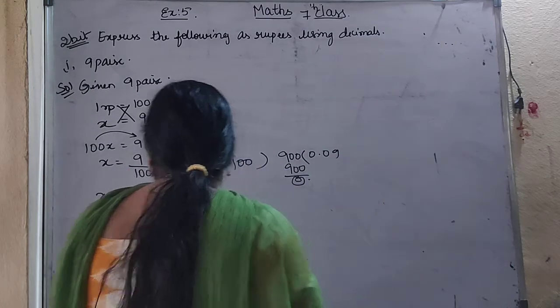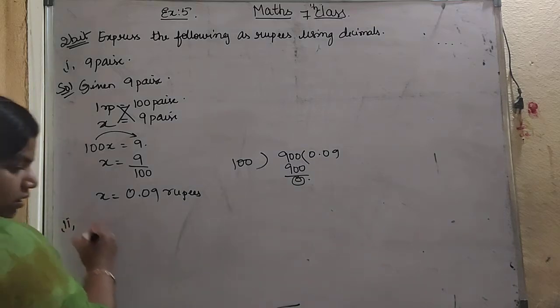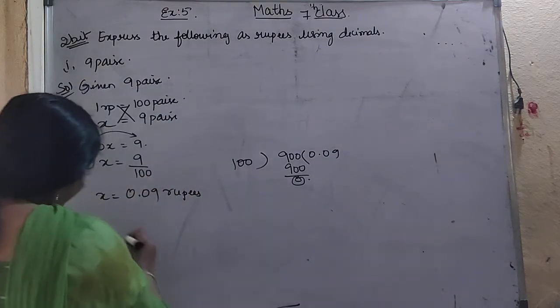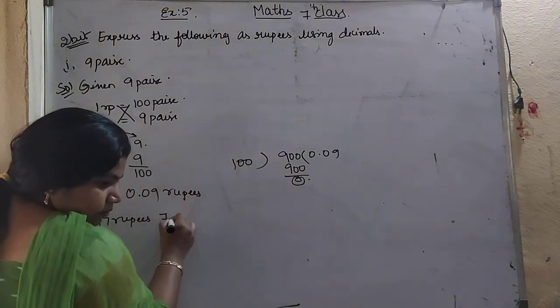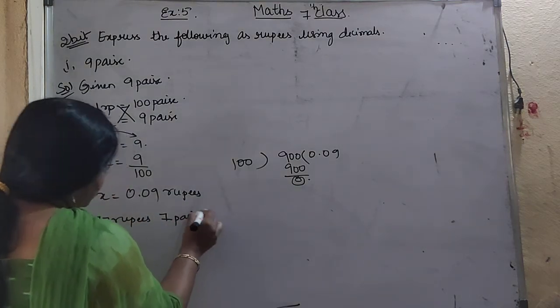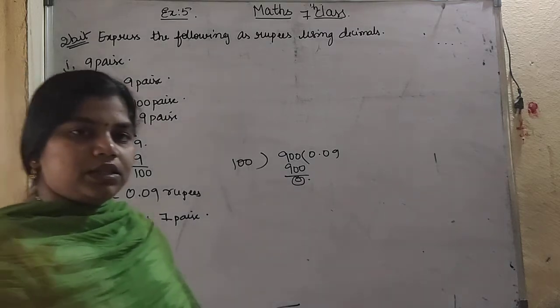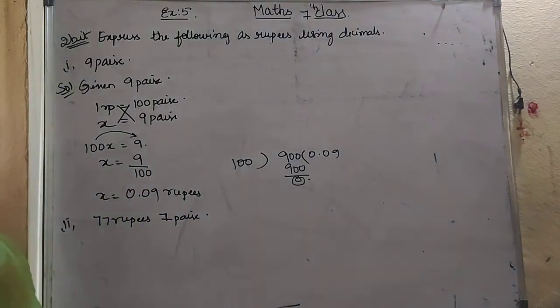Next one. The second one is 77 rupees 7 paise. Already this 77 is given in the form of rupees, so no need of conversion for that.